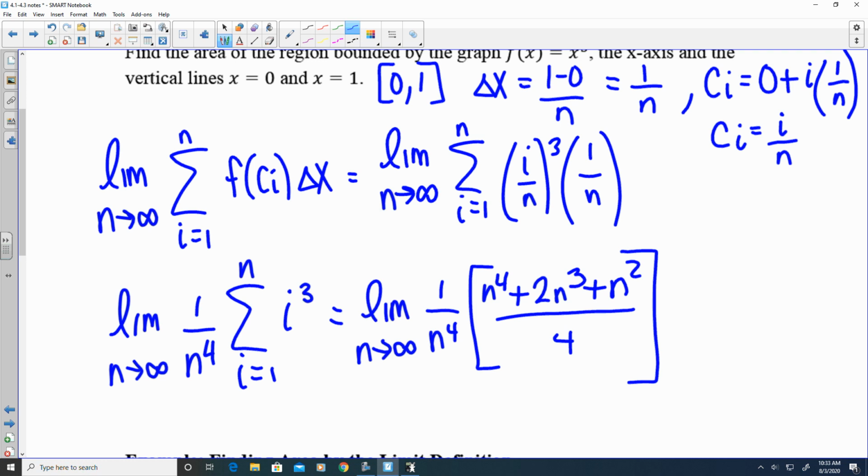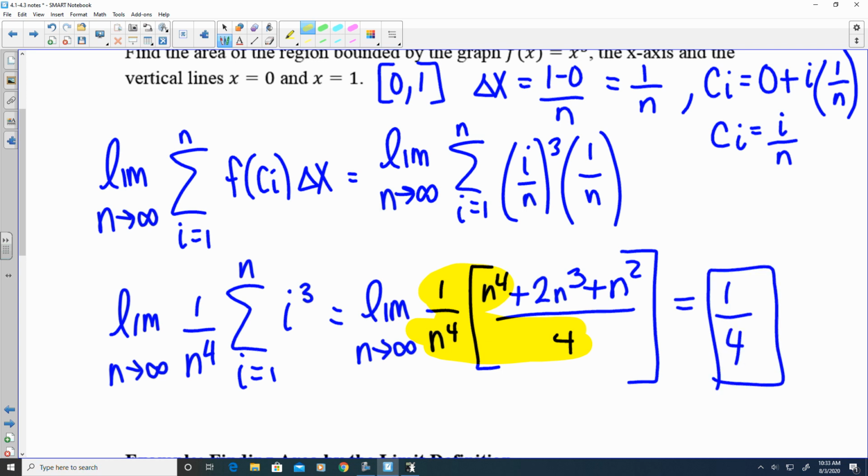Then I'm really just going to be looking at the highest power term on the top versus the highest power term on the bottom. And the coefficients are going to be my answer. So 1/4. It's kind of a little shortcut, so you don't have to break it up into every single step.